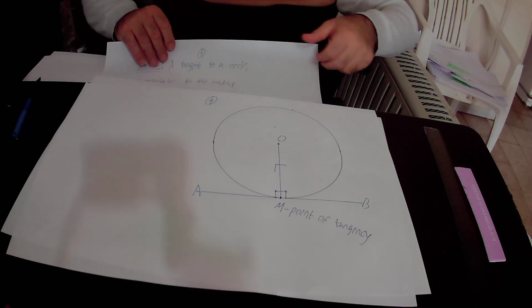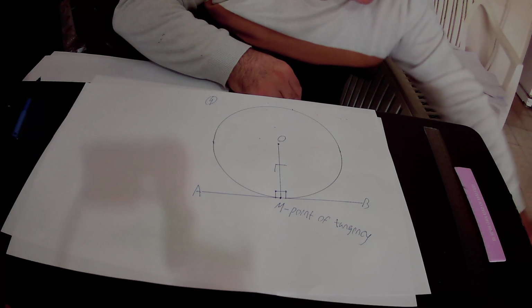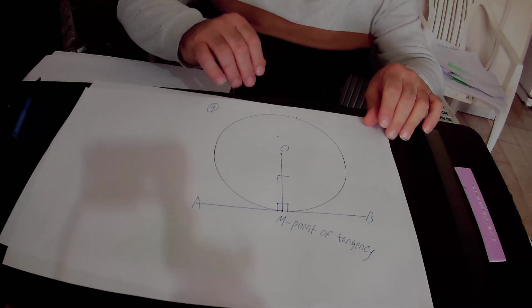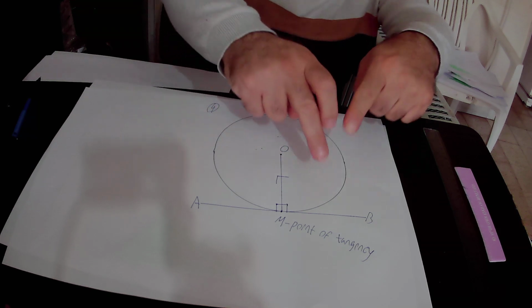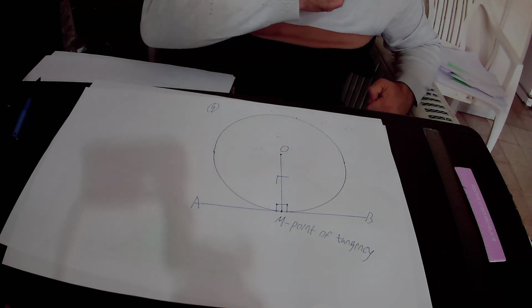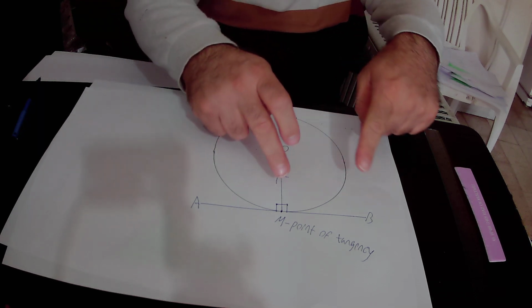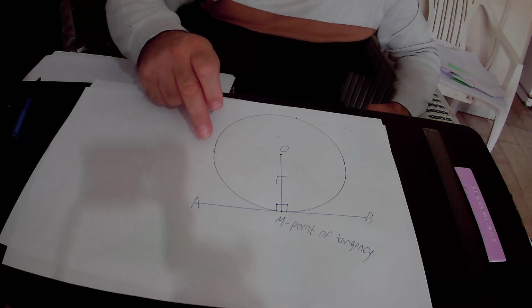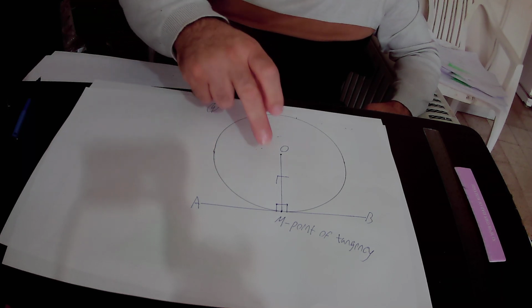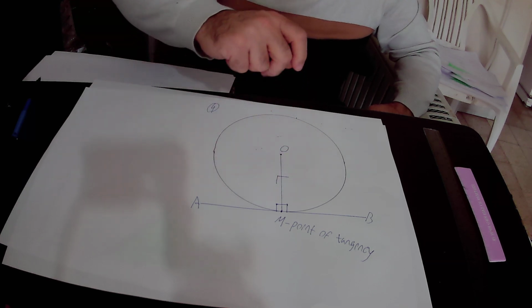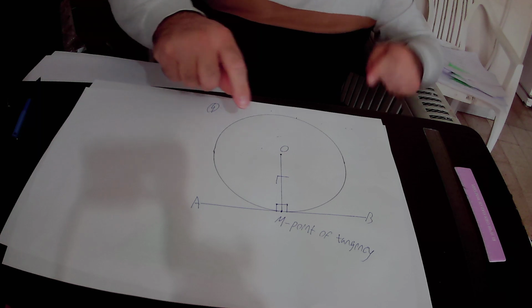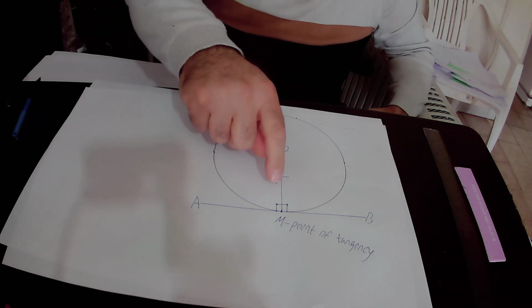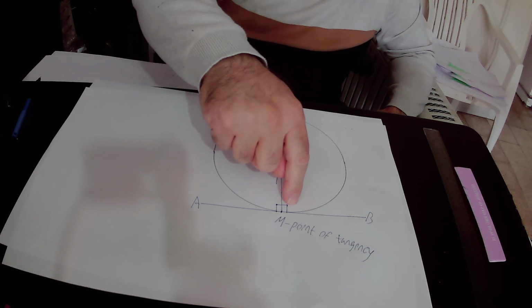If we have this black circle, and tangent AB is tangent to this black circle at point M, the point of tangency, then the tangent AB is perpendicular to the radius OM drawn to point M. That is to say, this angle equals 90 degrees and this angle also equals 90 degrees.